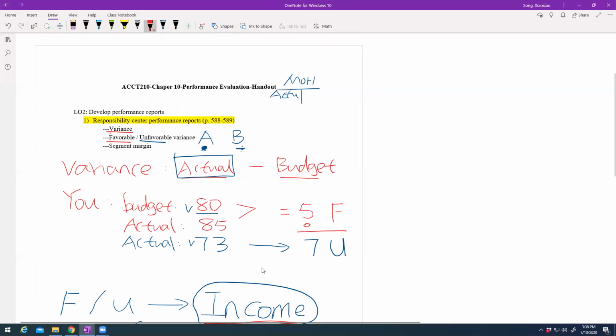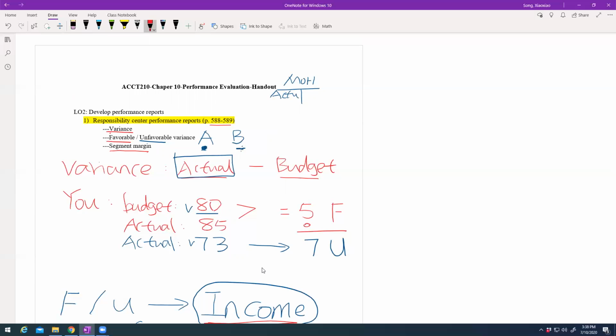Next, talking about segment margin. I'm not going to read a lot; you can read it from your textbook. Basically, it says that instead of looking at the overall income, some departments will say it's not accurate if you allocate the common fixed cost to my department because I don't have control over those costs, like R&D or the CEO salary.